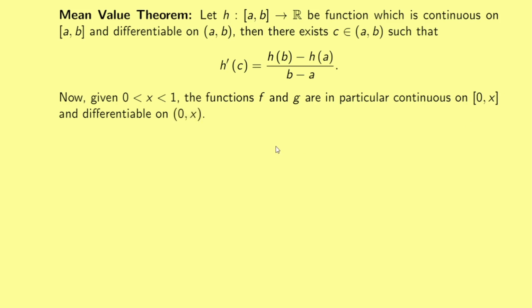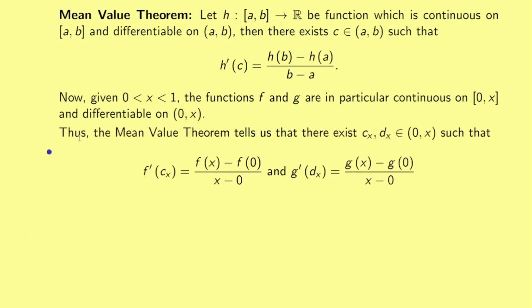This tells us that there exist c of x and d of x in the open interval 0, x such that the derivative of f at c of x equals f of x minus f of 0 over x minus 0, and the derivative of g at d of x equals g of x minus g of 0 over x minus 0.